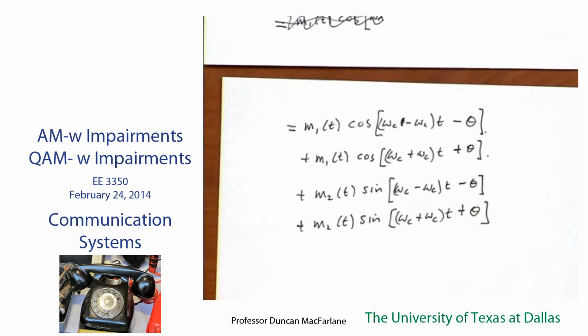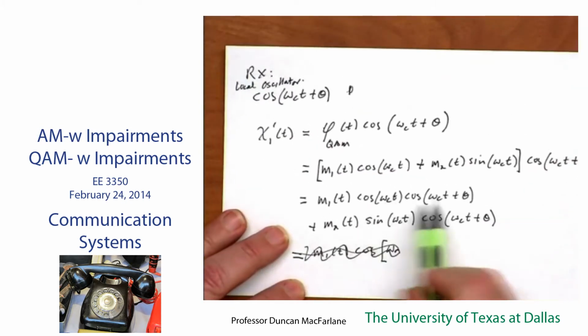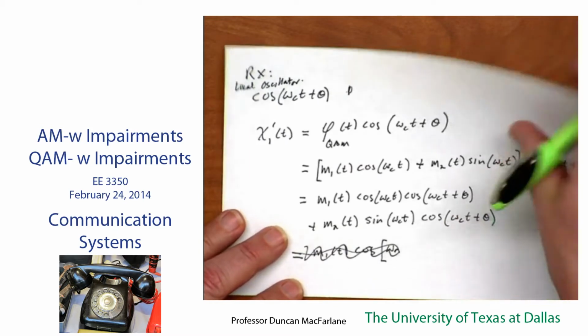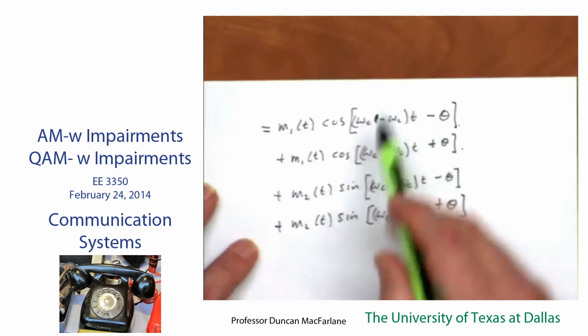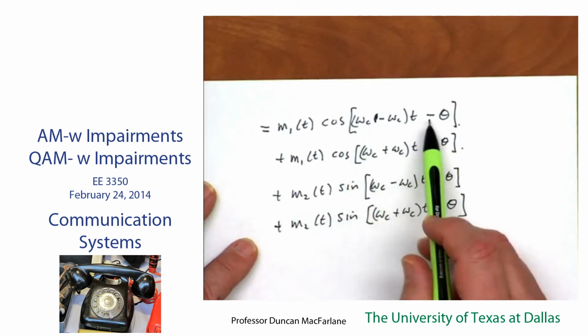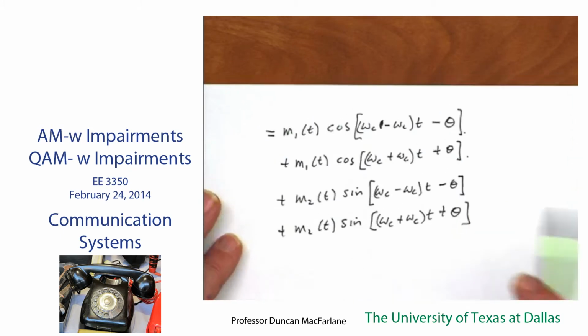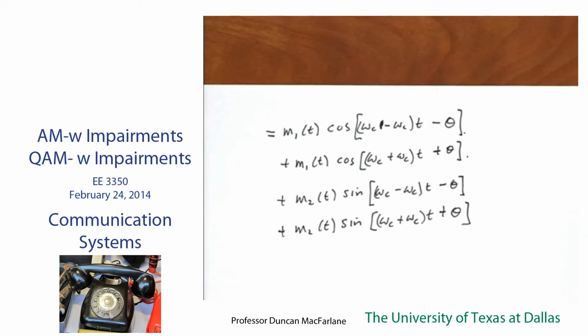Cosine A cosine B is cosine of A minus B plus cosine of A plus B. Sine A sine B is equal to sine of A minus B plus sine of A plus B. Trig identity. Everyone okay with that? No?